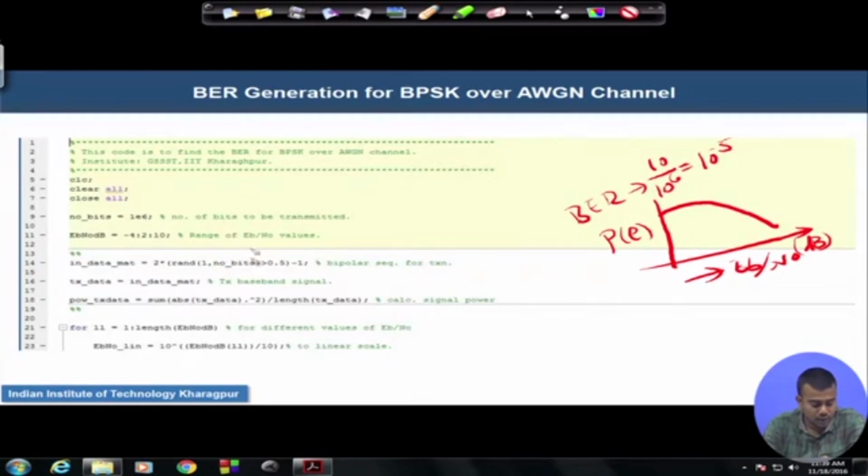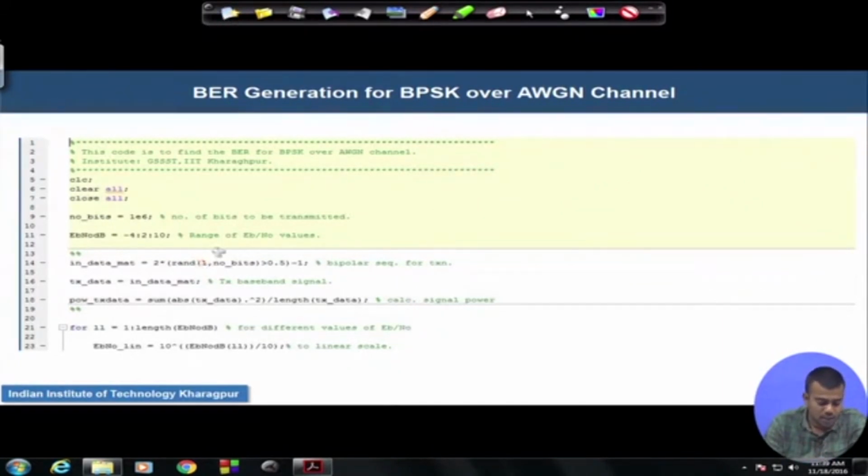For that I have used the function RAND. RAND is a uniform distribution generator. It will generate random numbers which follow a uniform distribution between 0 and 1. For however many numbers you want to generate, you can pass that as an argument to the RAND function.